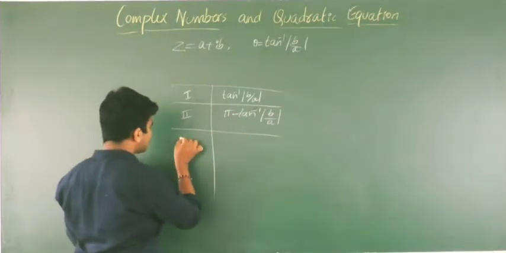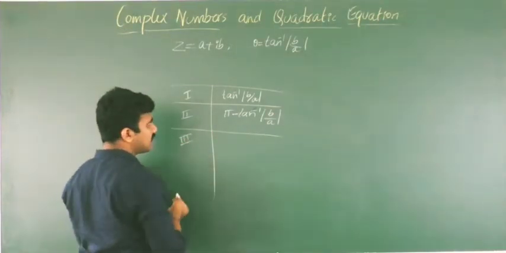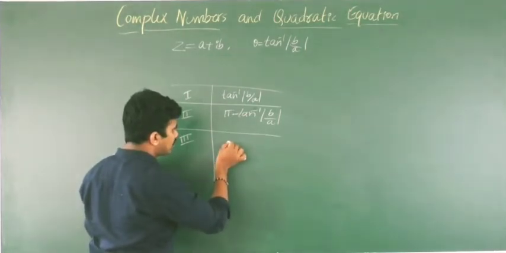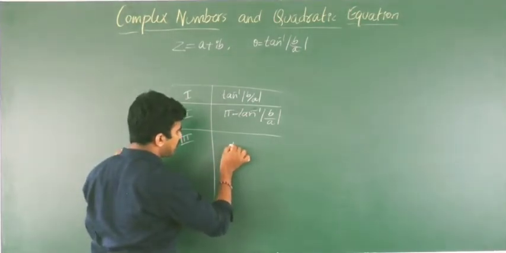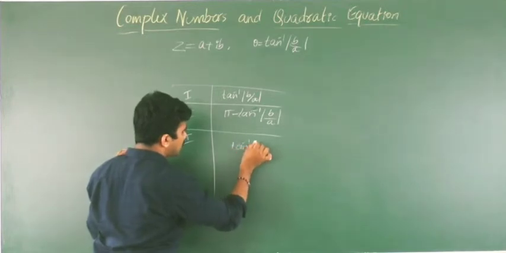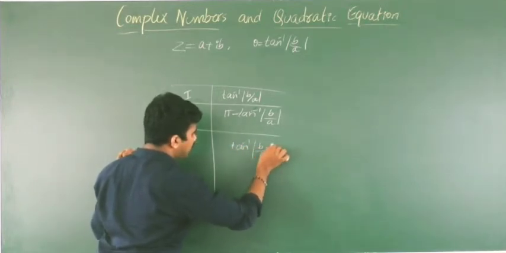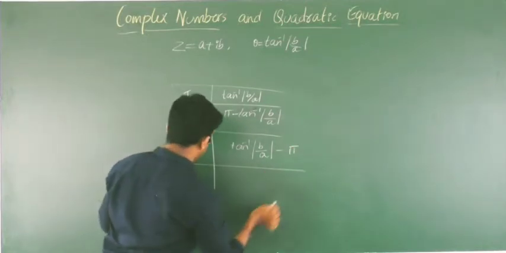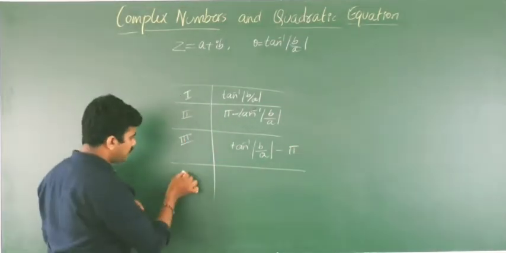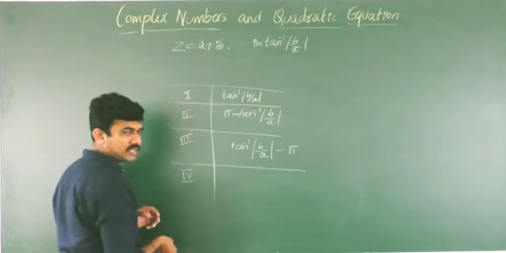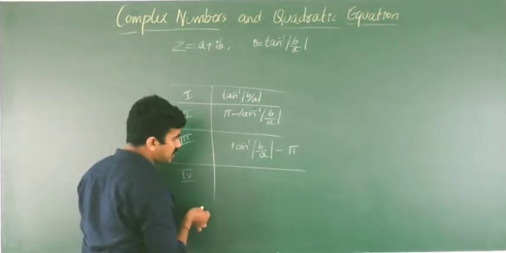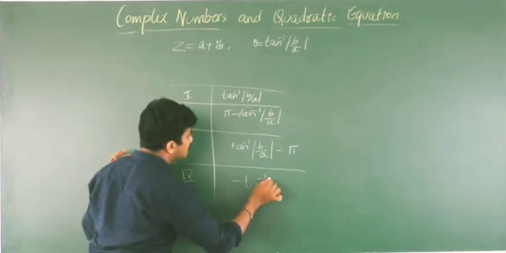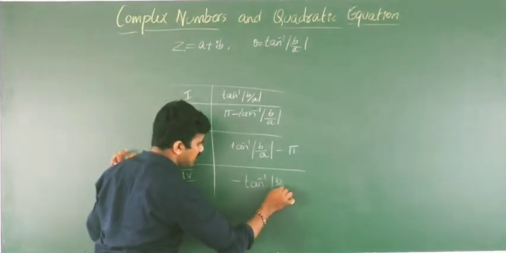If you have a complex number in the third quadrant, then the argument is tan inverse of mod b by a minus pi. Last one, in the fourth quadrant, the argument is minus of tan inverse of b by a.